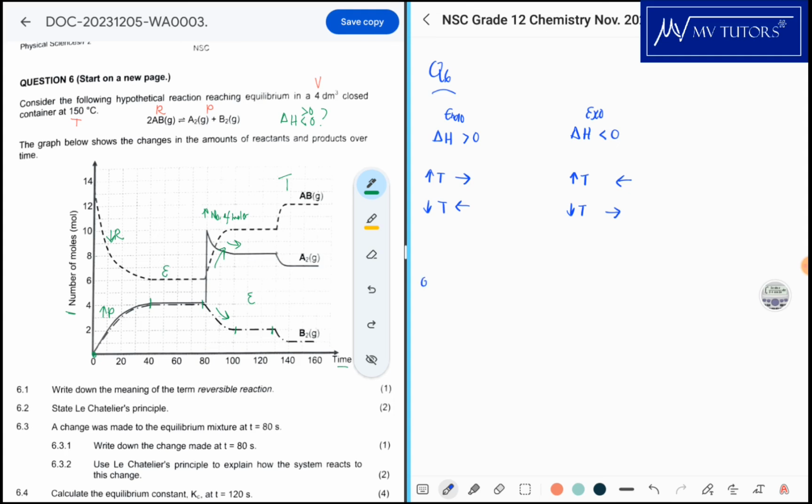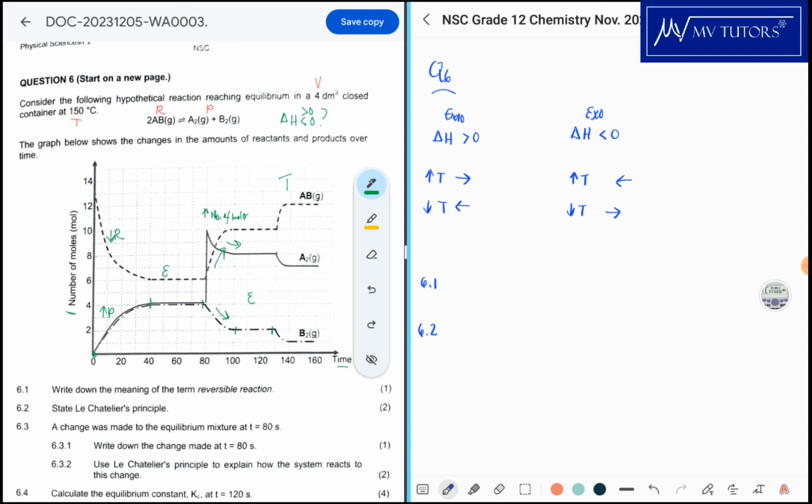Let's go to 6.1. It says, write down the meaning of the term reversible reaction. That's basically a reaction where products can be converted back to reactants. They're reversible. And 6.2, state Le Chatelier's principle. That's something you should know. I briefly described it as we were looking at this graph.